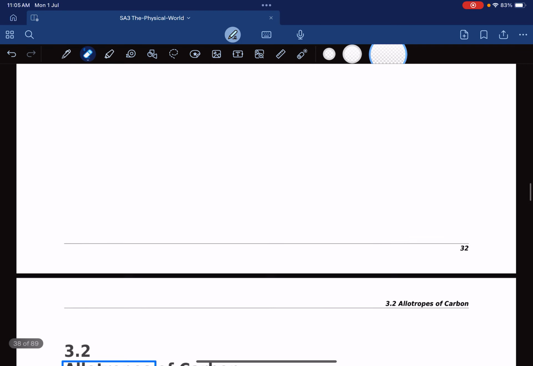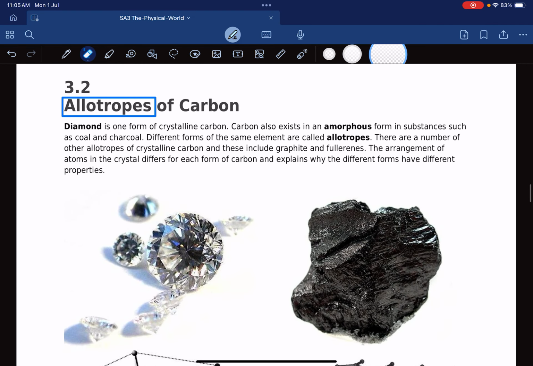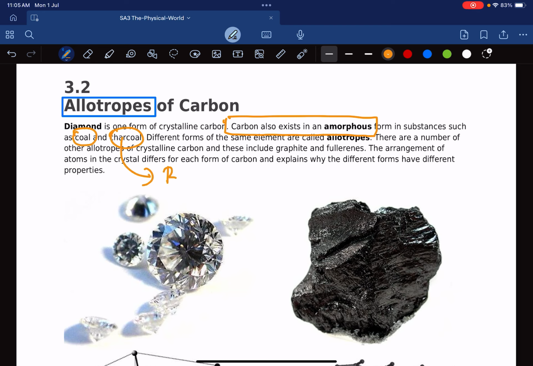So, coming back to this again, carbon also exists as another type of allotrope, which is amorphous. This is like in the case of coal and charcoal. If you have ever done barbecue before, when the wood is burned and then after that you see charcoal, if you knock it, it'll just shatter into powder.